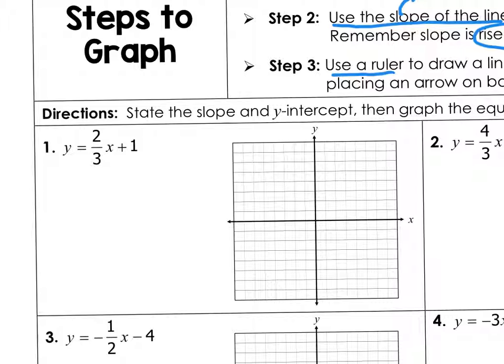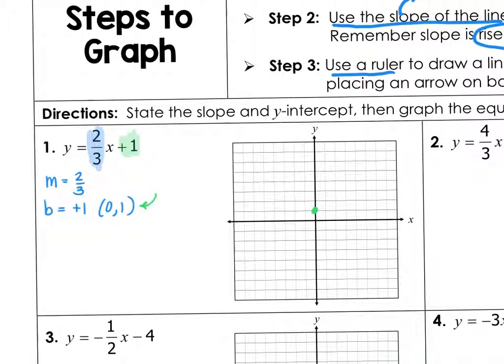Here I've got y is equal to 2/3 x plus 1. My m is 2/3 and my b is positive 1, which means that's the point (0, 1) on the y-axis. Your slope is always in front of your x, and your b is always the number by itself. So first thing to graph is the y-intercept at (0, 1), and then travel the slope.